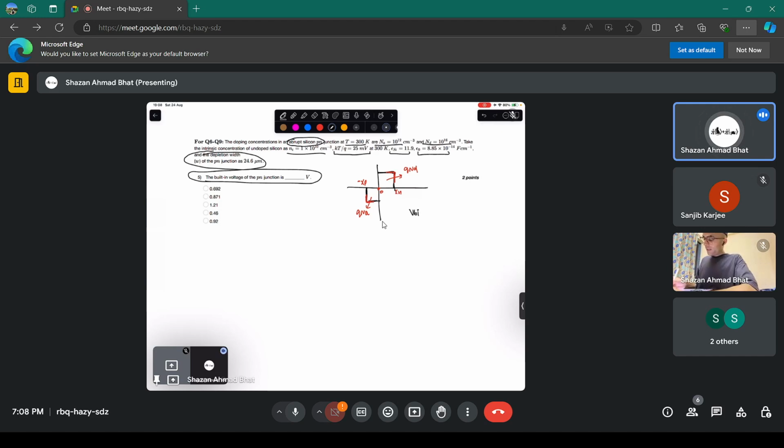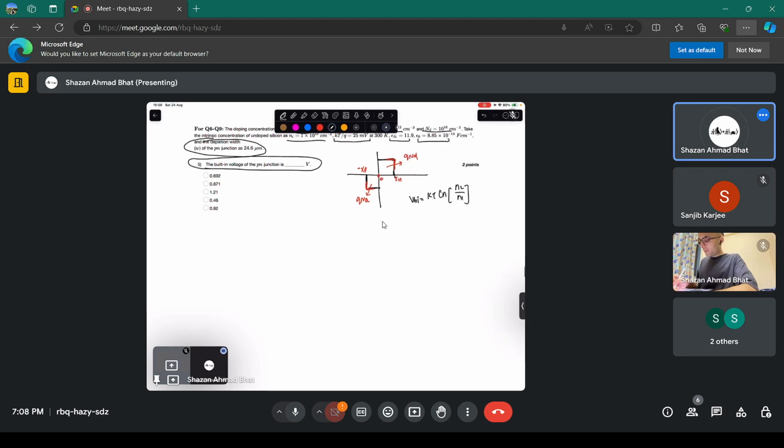So the built-in voltage is basically kT ln of the electron concentration on one side divided by the electron concentration on the other side. Maybe you're not aware of this formula, but it comes from the derivation. If there is some concentration on this side and some concentration on this side, you can write it as kT ln of nd divided by ni square over na, which is kT by q ln of na nd divided by ni square.